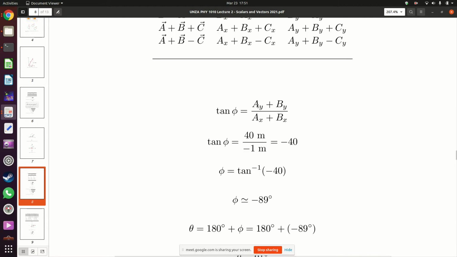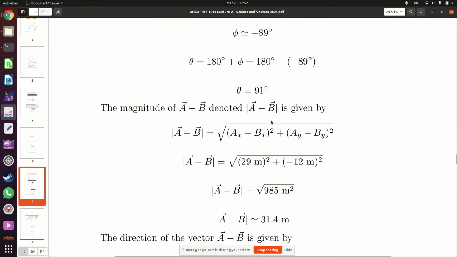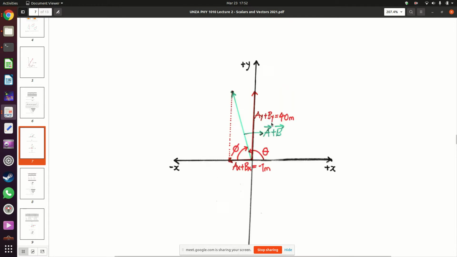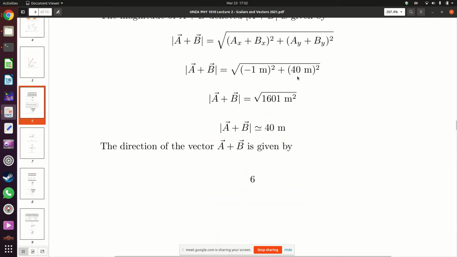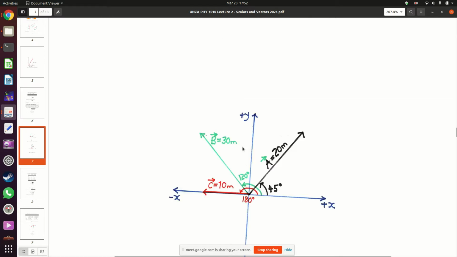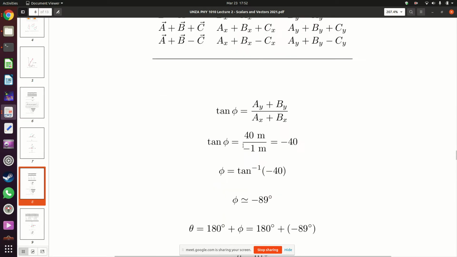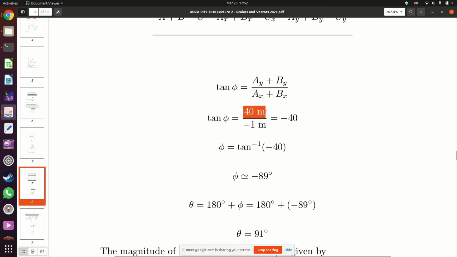So here, tan phi is equal to ay plus by, which is the y component, the one you put on top, divided by ax plus bx at the bottom. So ay plus by is the 40 meters, divided by ax plus bx with the 1 meter. So tan phi is 40 meters divided by negative 1 meter.